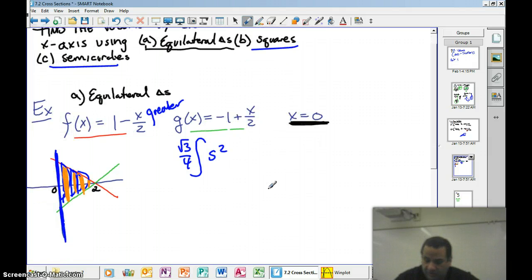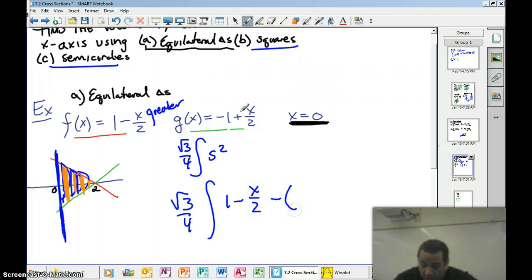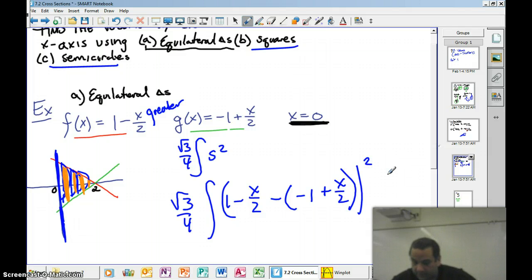The subtraction of these is square root of 3 over 4 times (1 minus x over 2 minus the smaller one, negative 1 plus x over 2), and this is all squared, dx. Because the base of this is the area, and then the volume is taken care of by the equilateral triangle thing. So let's do this problem analytically.